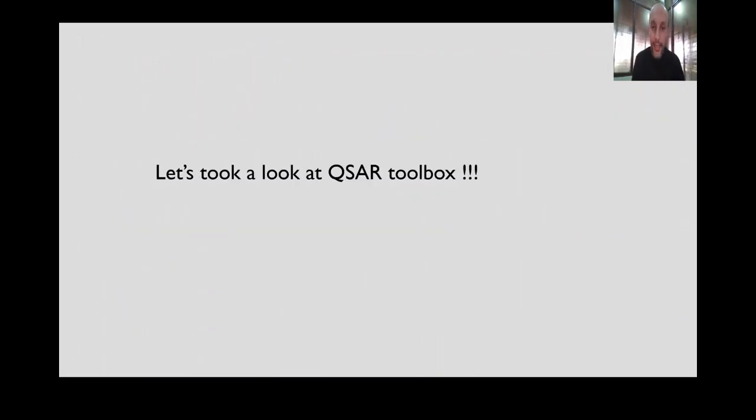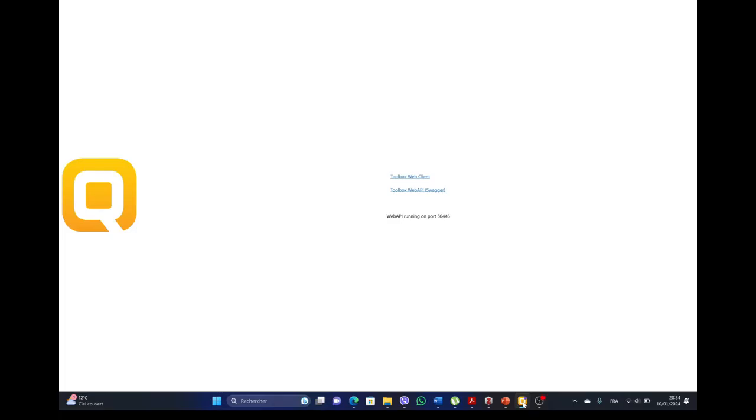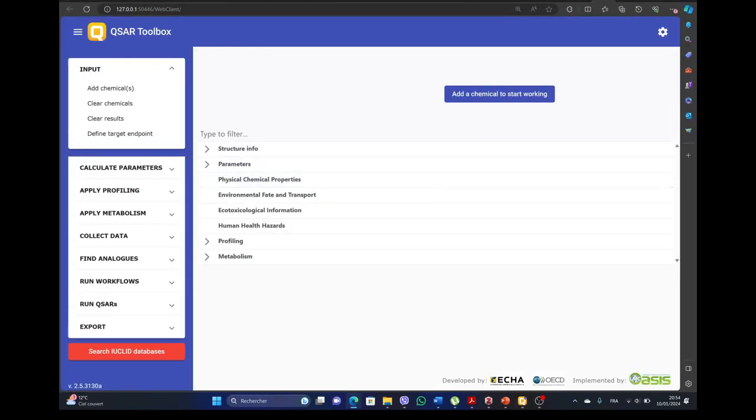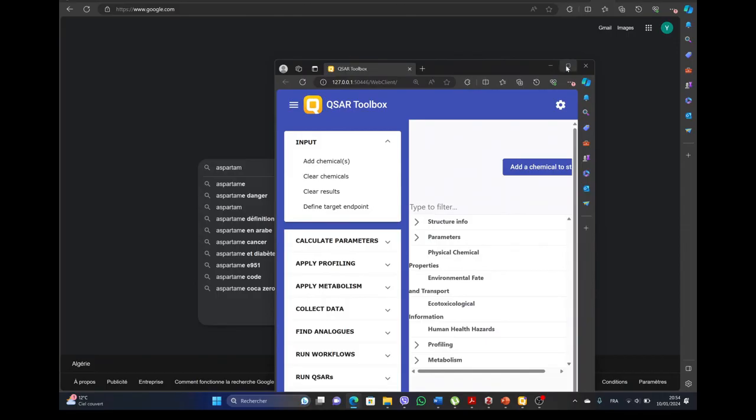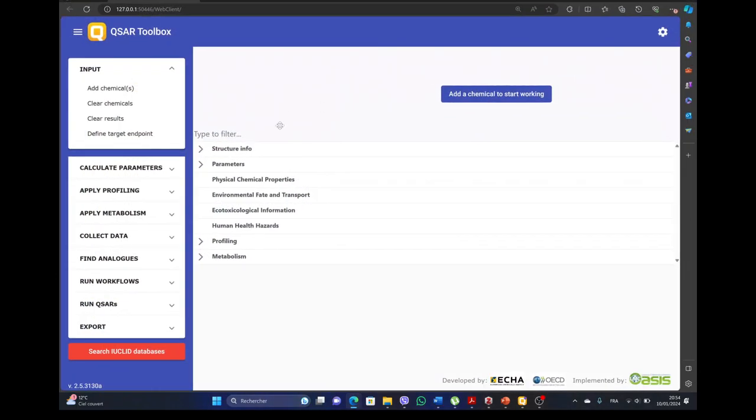So now let's take a look at the QSAR Toolbox. The QSAR Toolbox is a free software application that supports reproducible and transparent chemical hazard assessments. It offers functionalities for retrieving experimental data, simulating metabolism, and profiling properties of chemicals.